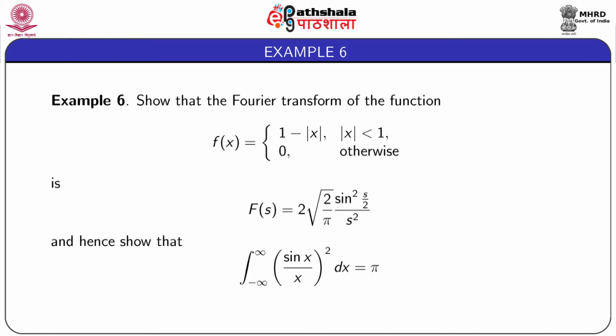Show that the Fourier transform of the function f x equal to 1 minus mod x for mod x less than 1 and 0 otherwise is capital F s, which is equal to 2 into root over 2 by pi, sine square s by 2 divided by s square. Hence, show that integral minus infinity to plus infinity of sin x by x whole square dx equal to pi.